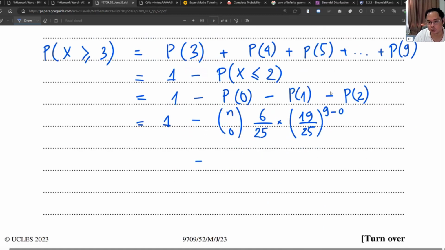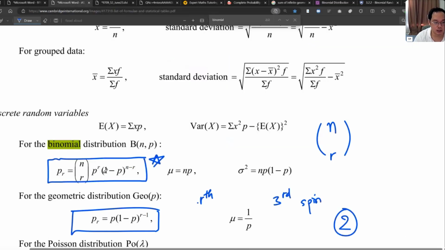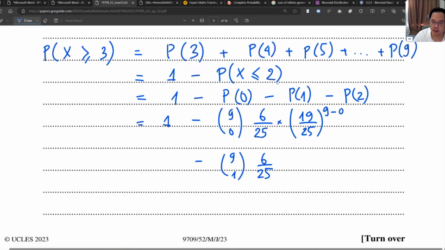We calculate the 2 other terms. P1, where n here is 9, the combination 9C1, 6 over 25 to the power r, where r here is 1. Okay, so I forgot this term. This is power 1, and times it with the other probability of failure, 19 over 25 to the power 9 minus 1.